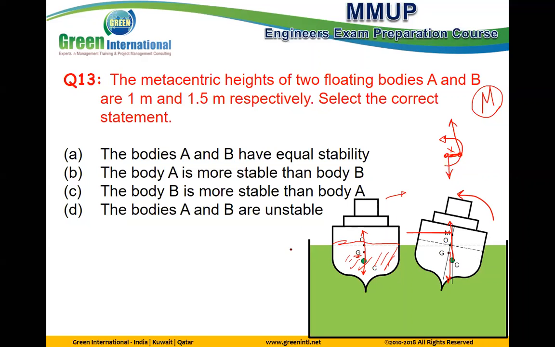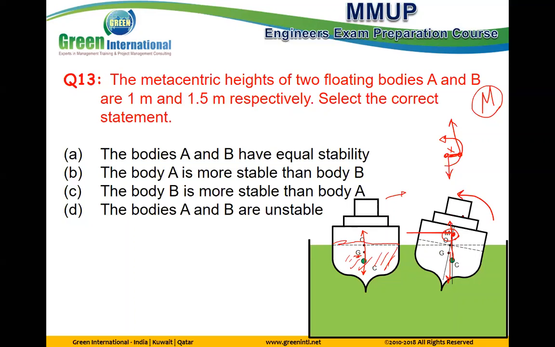And if you extend the lines of action of G and C, we will get the point M. M is the metacenter. If the metacenter is above the intersection, above G and C like this, it means the moment created is always in the opposite direction to the rotation.